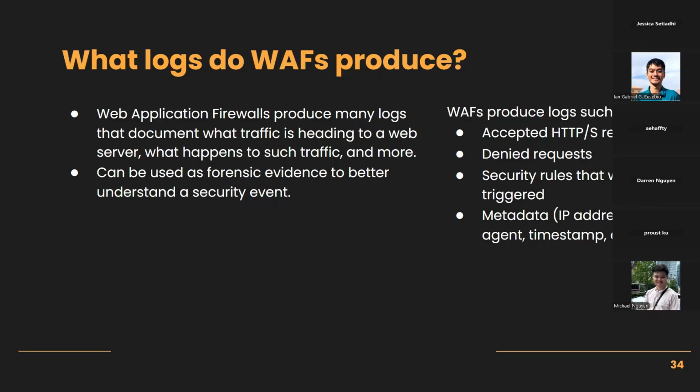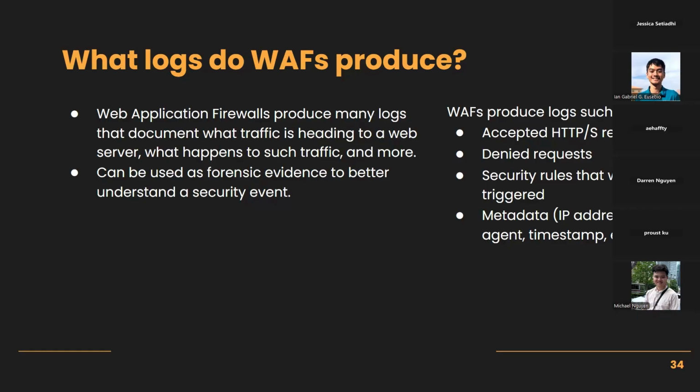They also log what security rules were detected that led to a certain request being denied, and metadata from a packet, including the IP address it was sent from, the user agent, the time at which the packet was sent, etc.